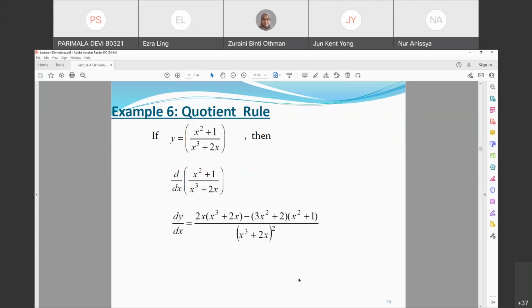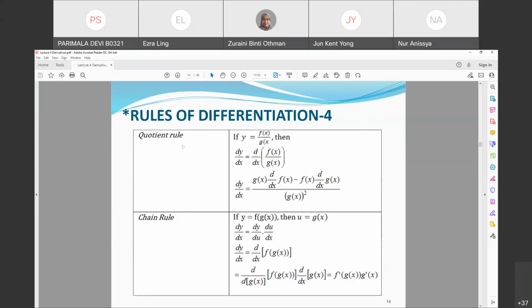This is the quotient rule. Okay, this is the quotient rule. It involves when we have pembahagian macam ni. When we have pembahagian. Jadi kat sini, yang ni dia quite sensitive. Bukan macam product rule. Dia kalau G dekat bawah, sentiasa G kat bawah and we must put G first, then we differentiate F. F yang dekat atas and it is minus.